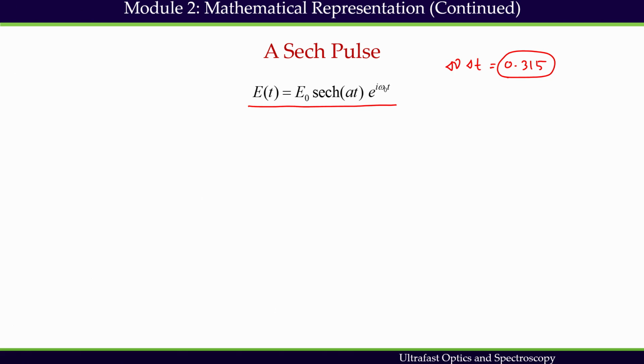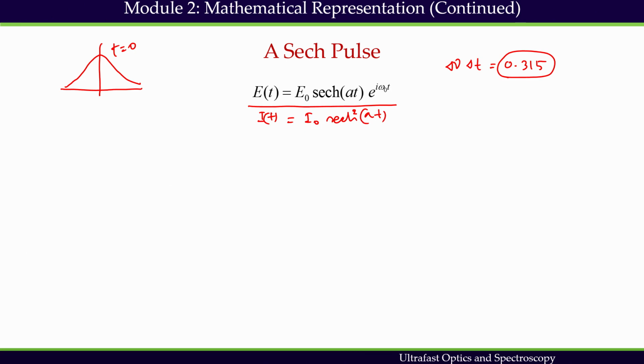We know that this sec hyperbolic function is centered at t equals 0. If the electric field looks like this, then the intensity profile can be written as I naught sec hyperbolic square at.